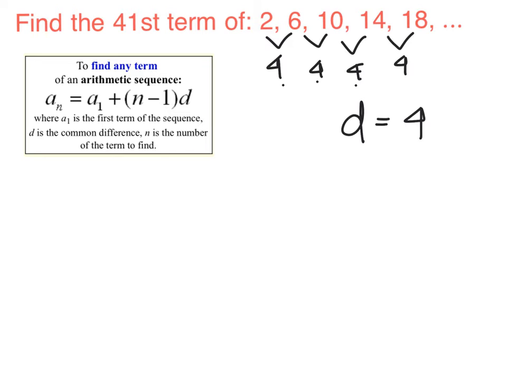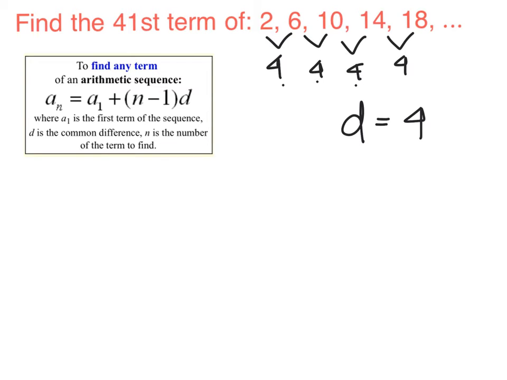So what I now need to know is this formula to find any term of an arithmetic sequence. I start with a base n is going to equal that first term, a base 1, so I need to know the first term, which I have here, which is 2, plus n, which is the number of terms that we have, minus 1, all times that common difference.